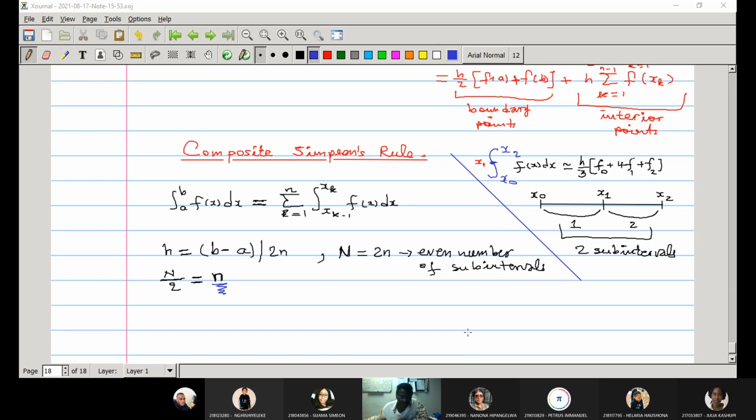Now, let me apply the rule and let's see what we get. Right. Okay, now, when I take my subinterval, I can rewrite these points, because we have 1, 2, 3, a total of 3 points, right?